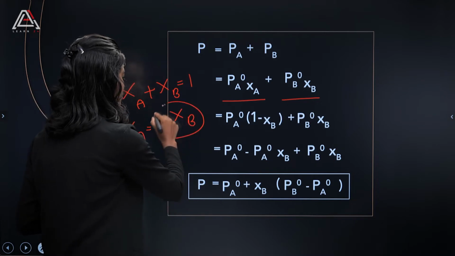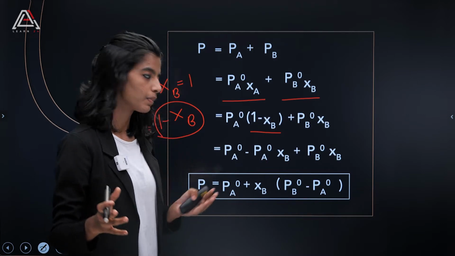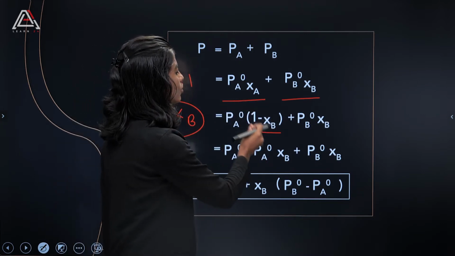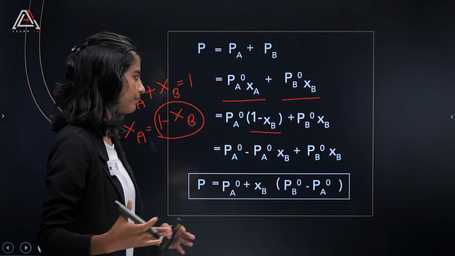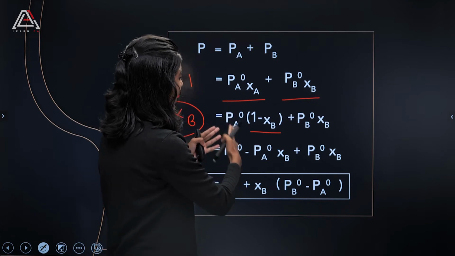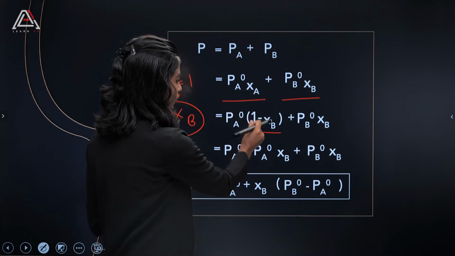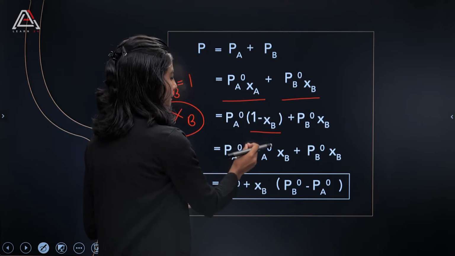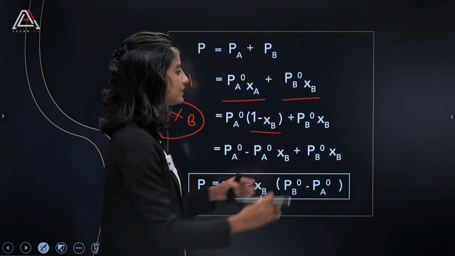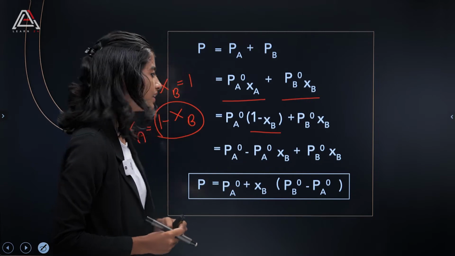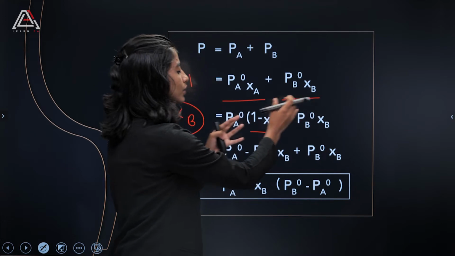So I am substituting the mole fraction of A as 1 minus the mole fraction of B. Then I can write PA0 into (1 minus mole fraction of B) plus PB0 into mole fraction of B. Multiplying out, PA0 into 1 is PA0, minus PA0 into mole fraction of B, plus PB0 into mole fraction of B. Here the mole fraction of B is common, so I took it outside.